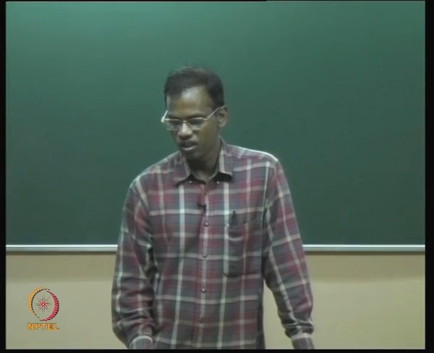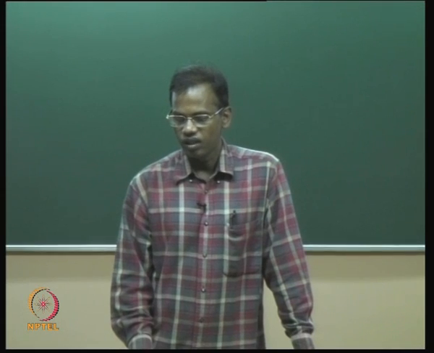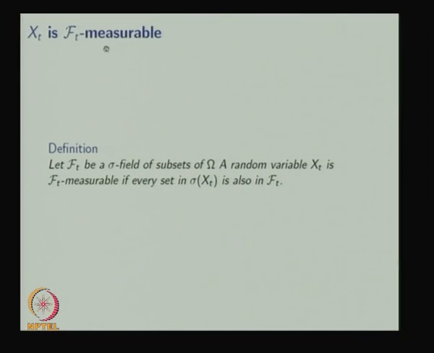If this condition is satisfied, then this random variable is going to be called F_t measurable. Obviously, sigma of X_t is contained in F_t. So every set in the sigma field generated by X_t is also in F_t. If that property is satisfied, then this random variable is F_t measurable.